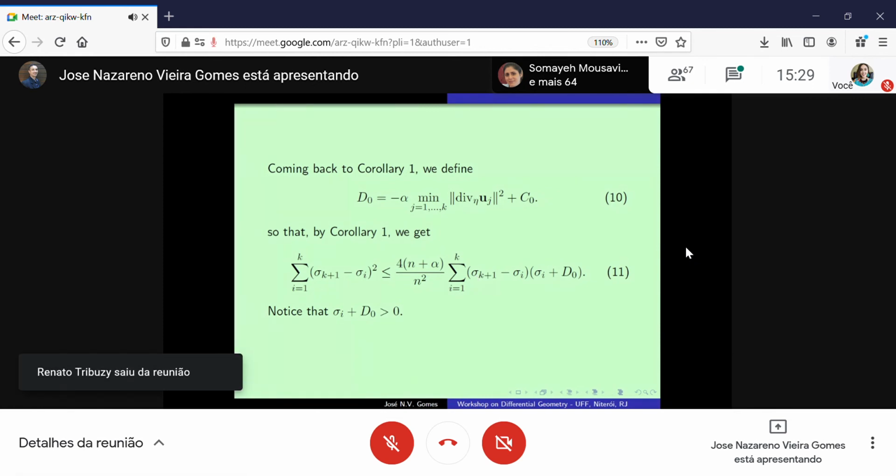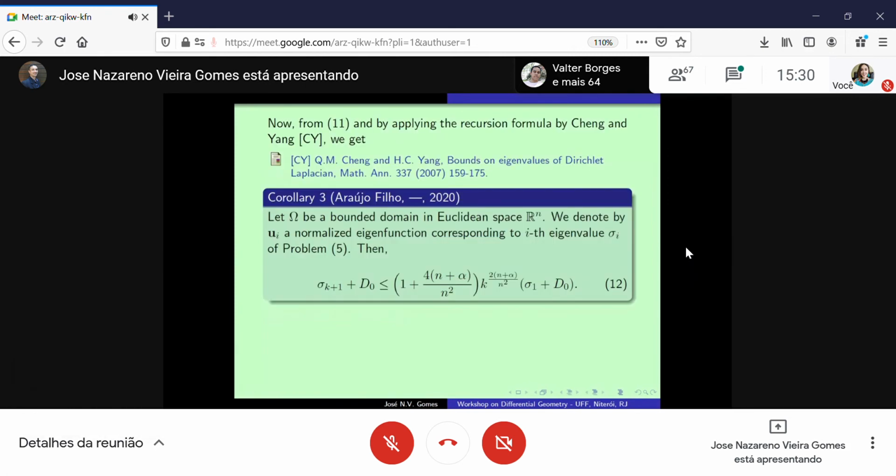And note that this part is positive. Now from equation 11, and by applying the recursion formula by Cheng and Yang, we get corollary 3, this one.